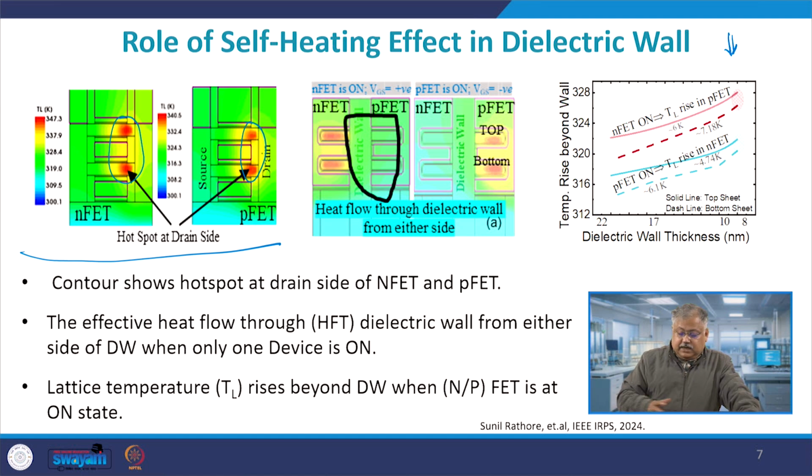We were able to vary till this much region, and the solid line gives me the top sheet, right? The temperature rise is also very high when we take top sheet, but that's higher because PMOS has got a lower mobility in a sense. It is substantially lower, approximately 5 Kelvin lower as compared to the top value. And the reason it is lower is the fact that the lower sheet has got a higher probability of removing the self-heating heat component within the device.